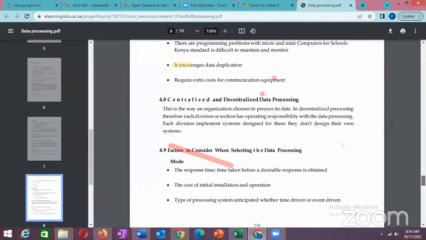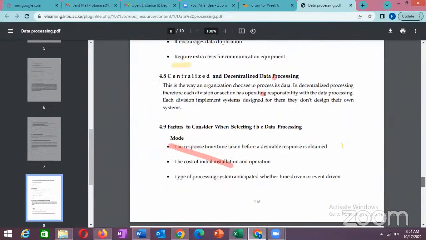Limited systems designed for them. They don't type of processing.